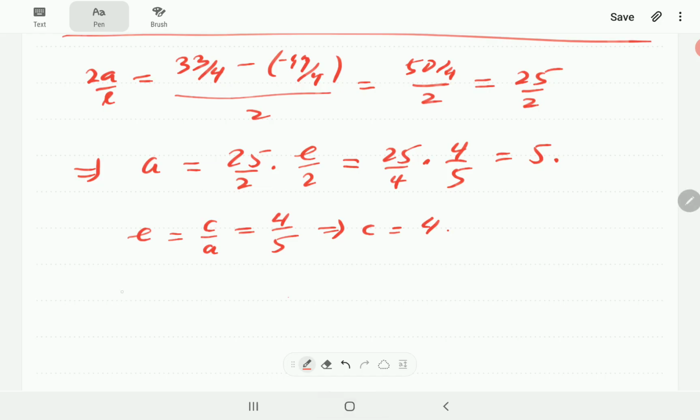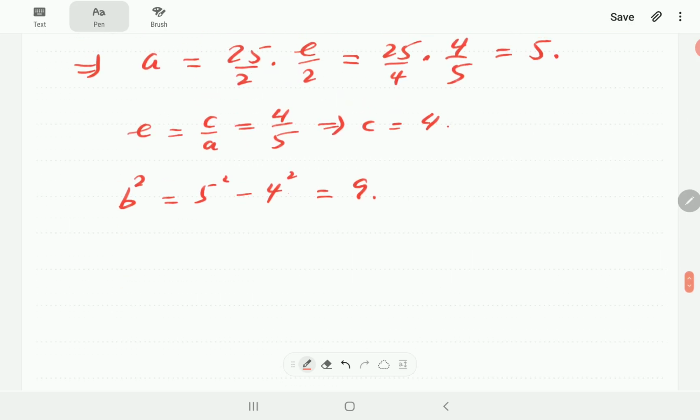Then we can find B squared. B squared is A squared minus C squared, which is 25 minus 16, so that's going to be 9.